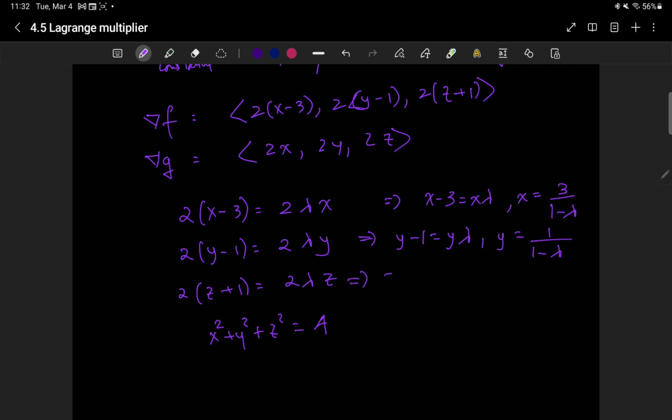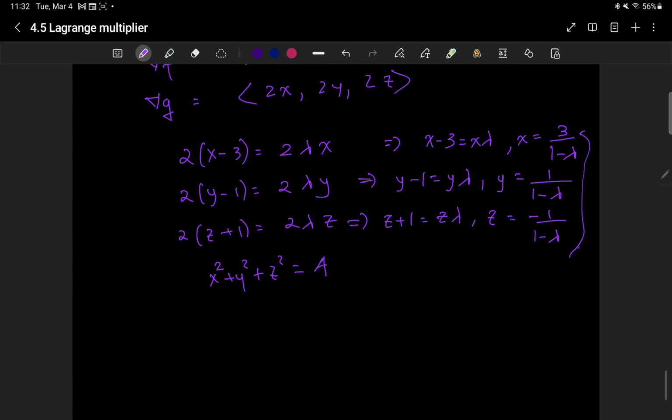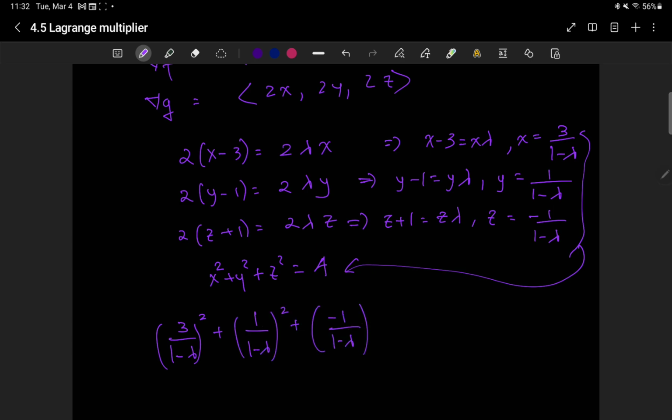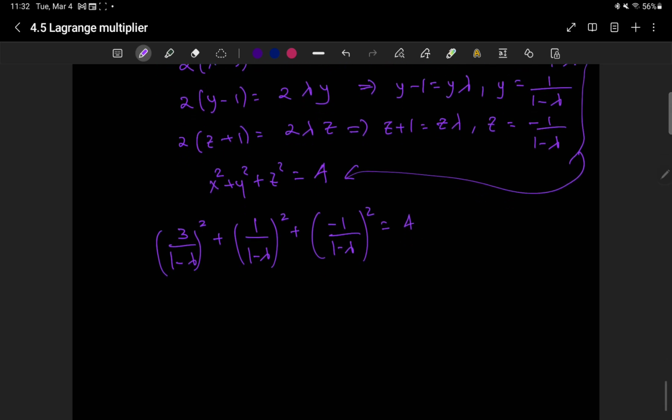This gives me z plus 1 is z lambda, so z would be -1 over 1 minus lambda. Then if I take all 3 of these and plug them into the constraint, I will have this squared plus this squared plus this squared should equal 4.